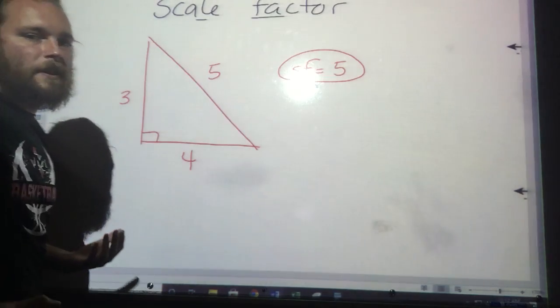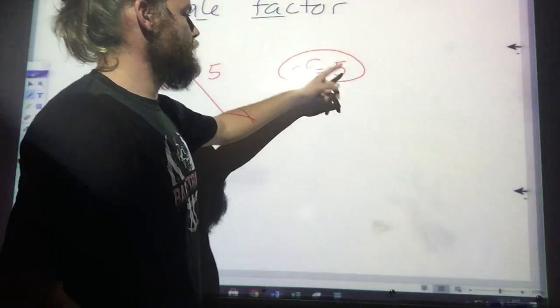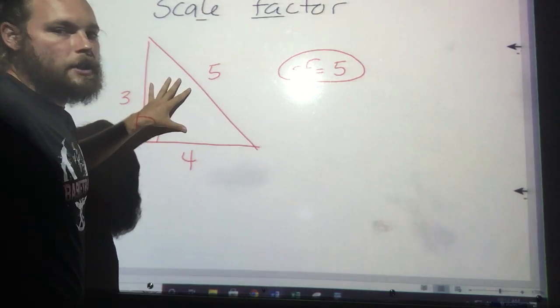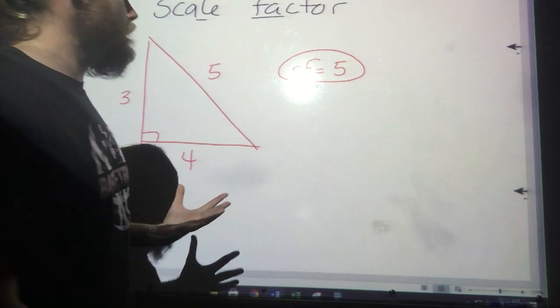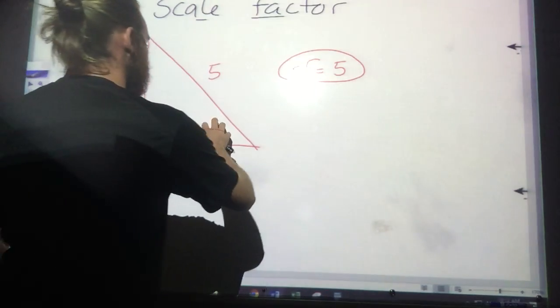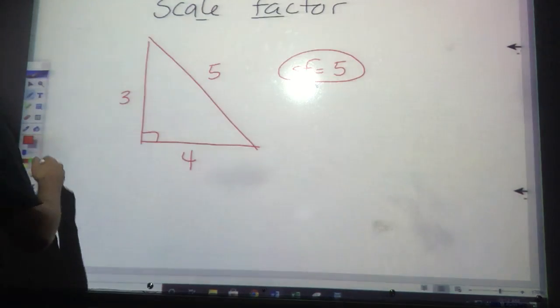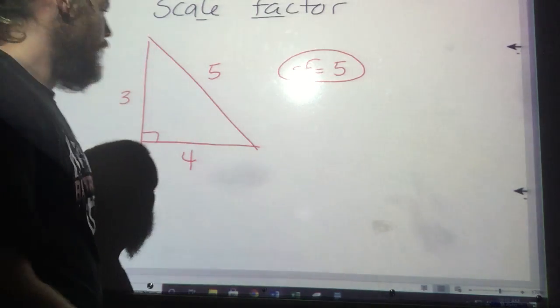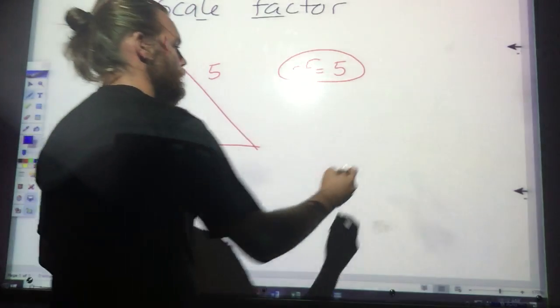So first thing we should be thinking, if your scale factor is 5, it's greater than 1. So that means my new image will be bigger in value than the last image. Okay, so your new image is going to be bigger than your original image. Now, I'm not going to draw it to scale. I just want you to understand how we get to the new values. Okay?